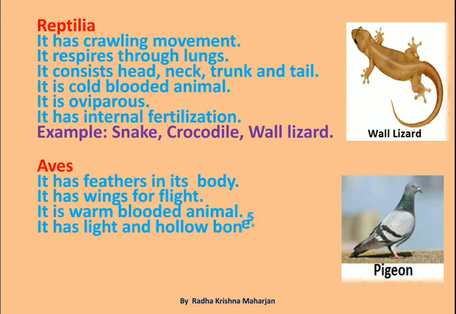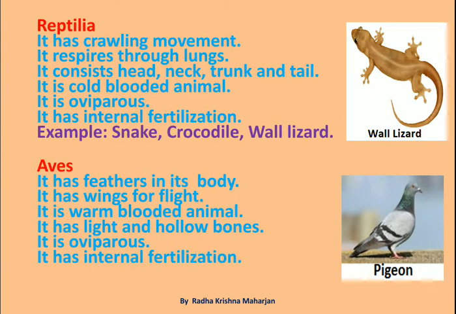It has light and hollow bones. It is oviparous. It has internal fertilization. Example: pigeon, duck, peacock.